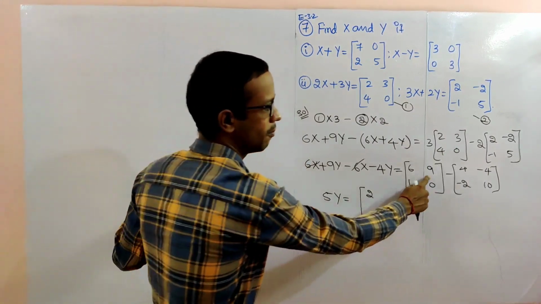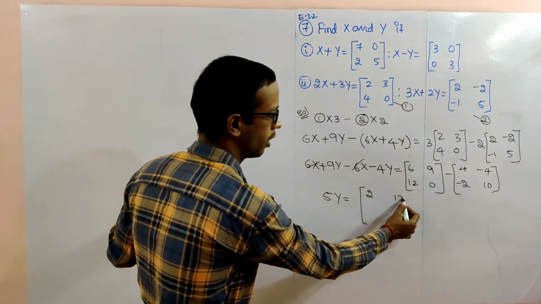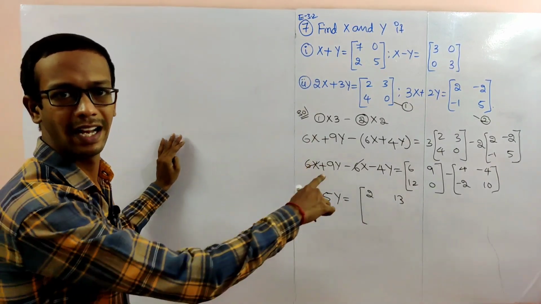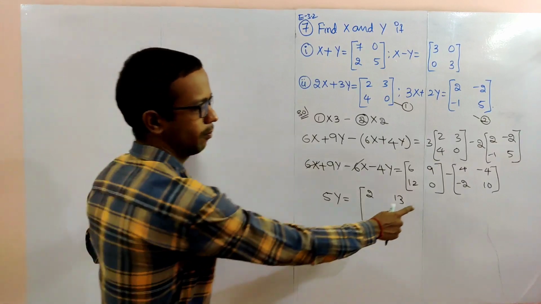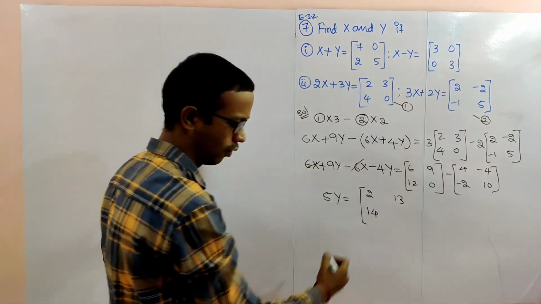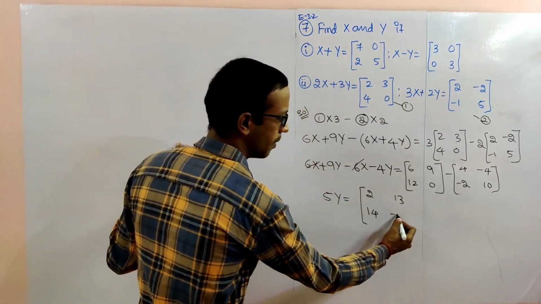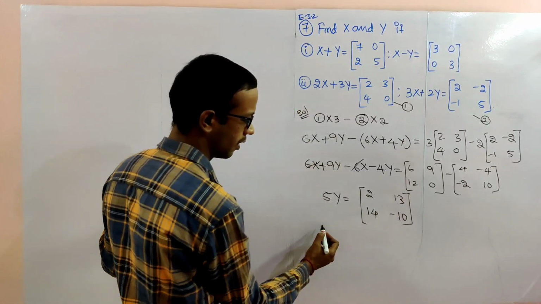Next 9 minus of minus 4, plus, 9 plus 4 is 13. 12 minus of minus 2, plus, 12 plus 2 is 14. Next 0 minus 10, minus 10.